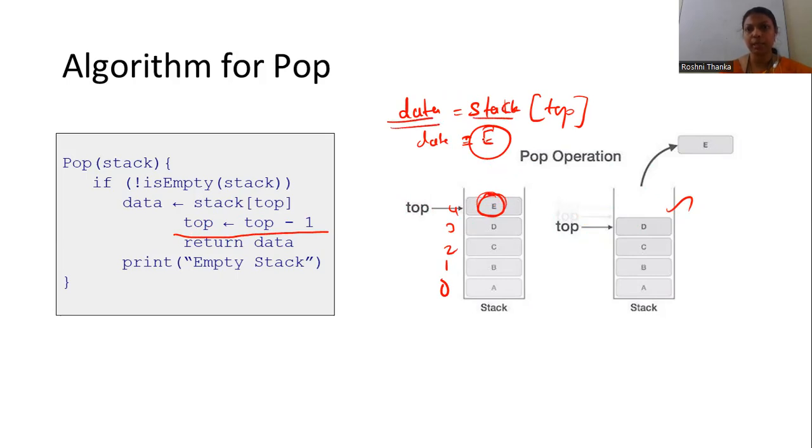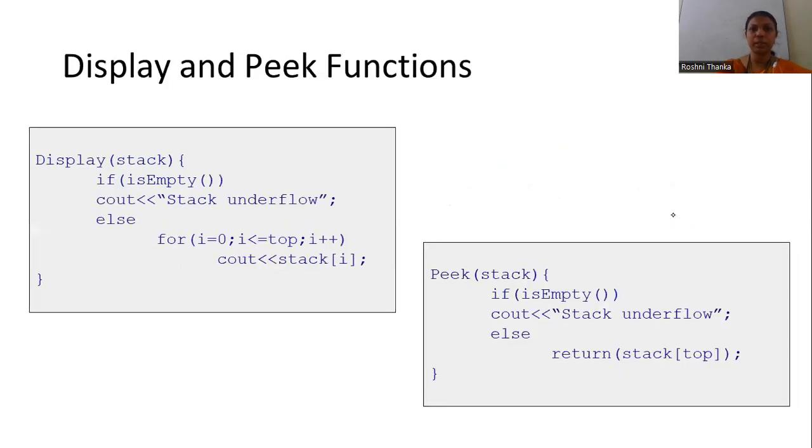Since we have taken it out, we have to decrement the top. So top came to index position 3. So if the stack is full, we handle that, and if the stack is empty, we cannot take anything out of it. These are the things we can do with it.